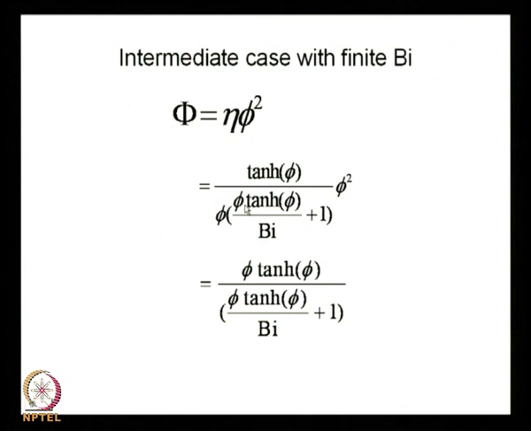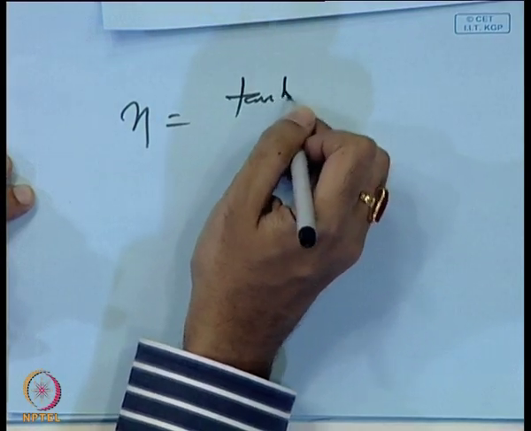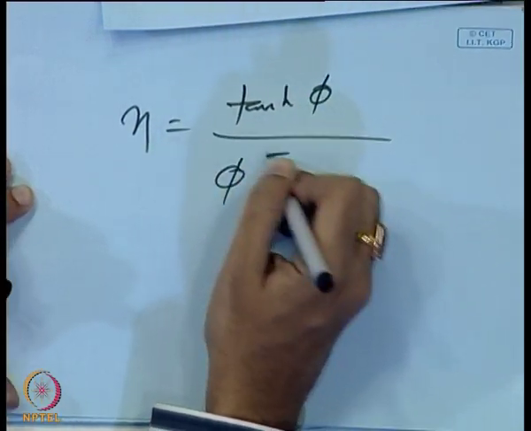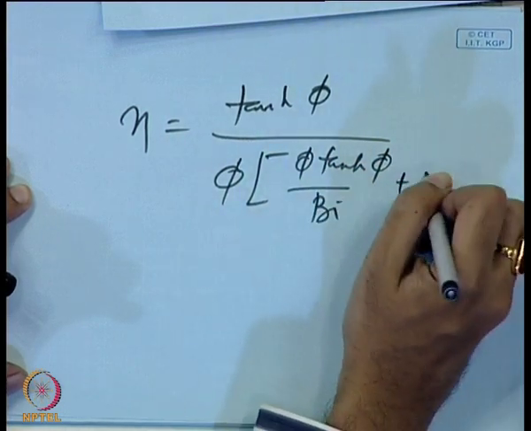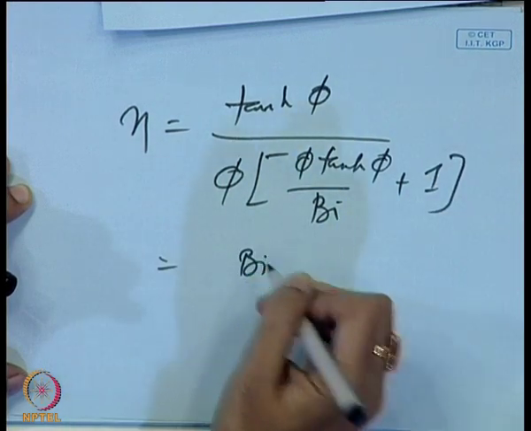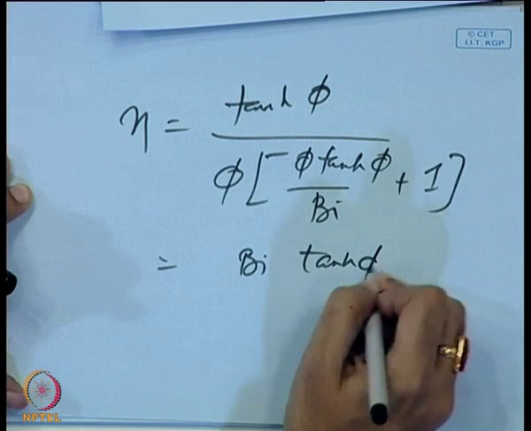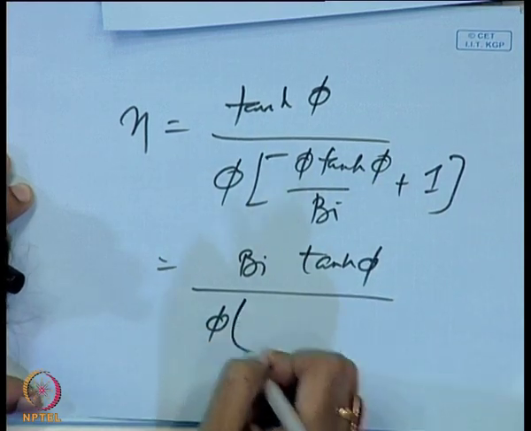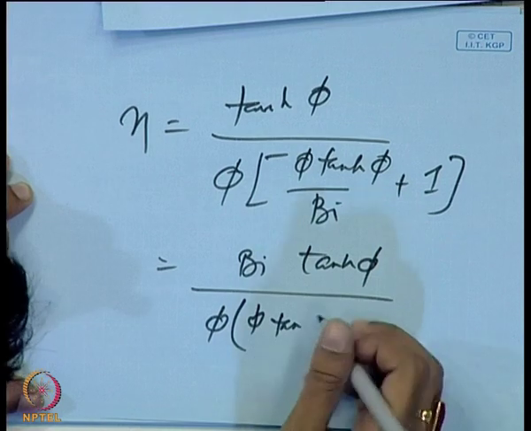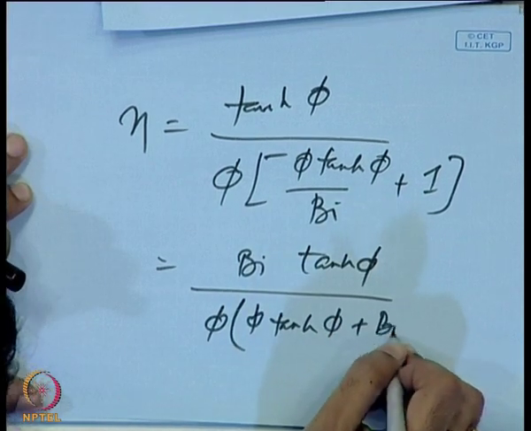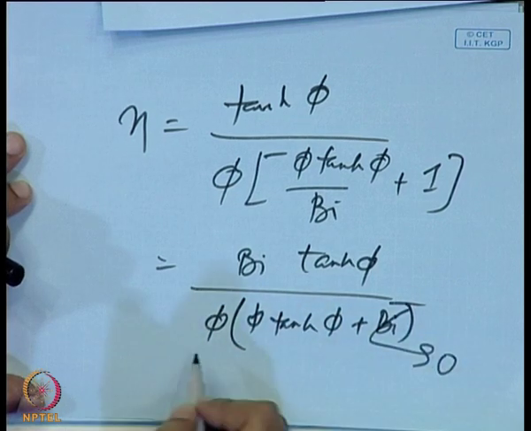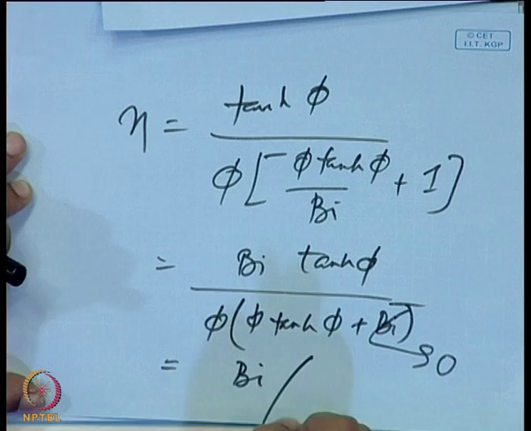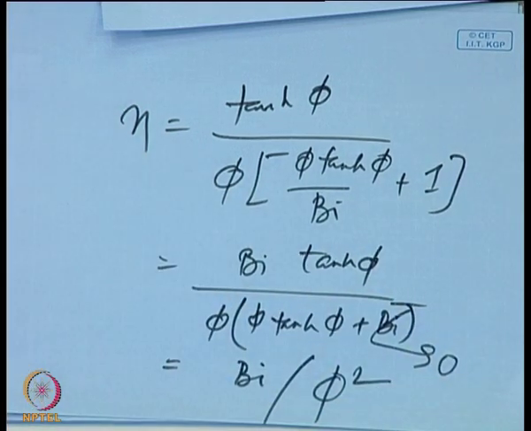I will show it quick, running out of time, but eta equals tanh phi over phi. So, in the limit of Biot number going to very small, this is a term you neglect and you end up with Biot number over phi square.